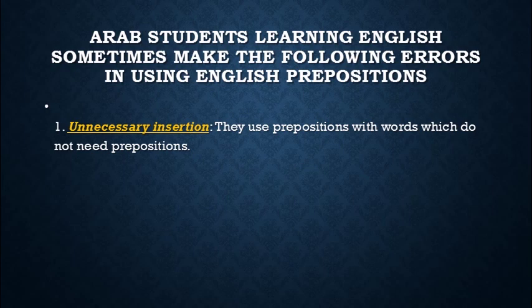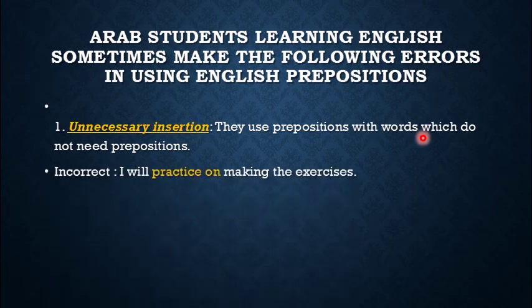It should be zero preposition at this location. "They" here stands for, or refers to, the Arab learners, right? So they use prepositions with words which do not actually need prepositions at all.